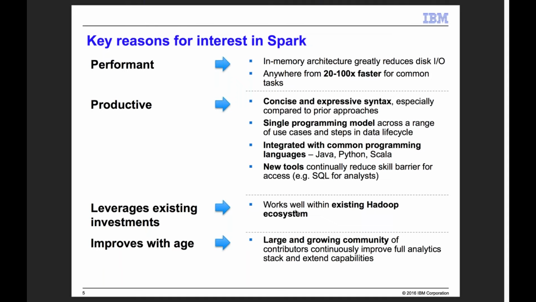The language, the way it is built, is very concise and very expressive, and a single programming model works for different use cases. It also gives a polyglot architecture where you can use the language that you want: Python, Scala, Java, R. You can use the language that your team prefers or your data scientist wants.